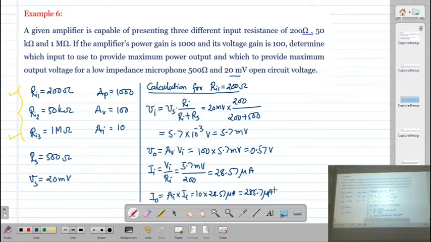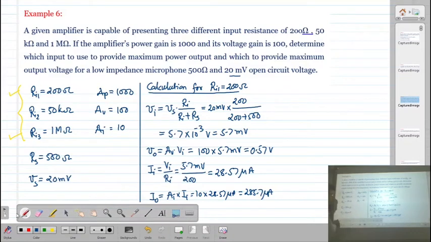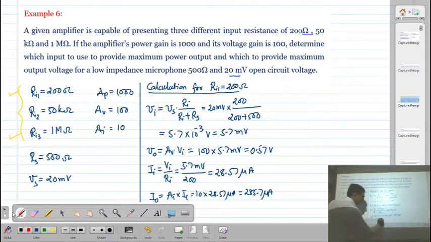So now what will be the power gain? The power gain we can write, or output power. Then output power, PO1. I will write PO1 because I am calculating for the Ri1.